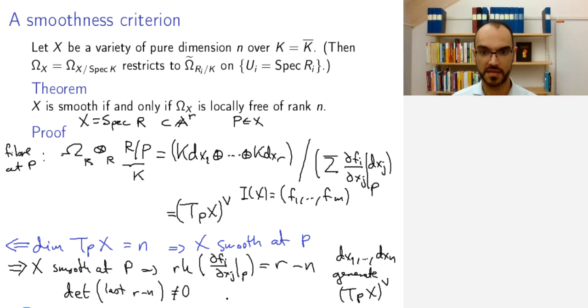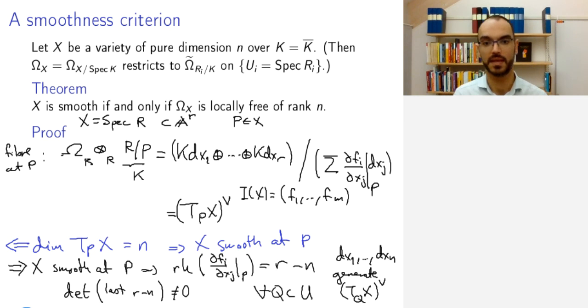So this means that dx1 to dxn not only will generate T_P X, but they will generate T_Q X for all Q in the open set U where this holds around P. And this is indeed an open condition, so this will be an open set.